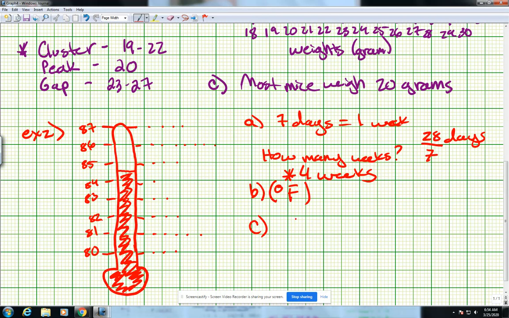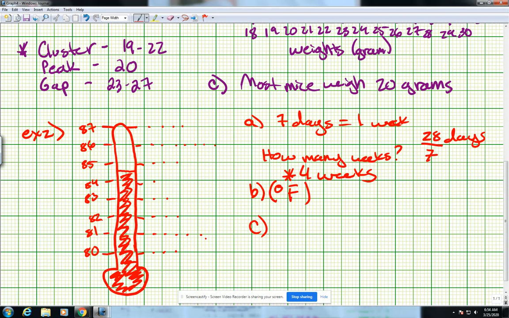And the last question says, write a statistical question that you can answer using the dot plot and then answer your question. So remember, a statistical question is one where you'd have lots of different answers. So if you look at these, there are lots of different temperatures. So we could write a question, and there could be lots of different questions you could say here.